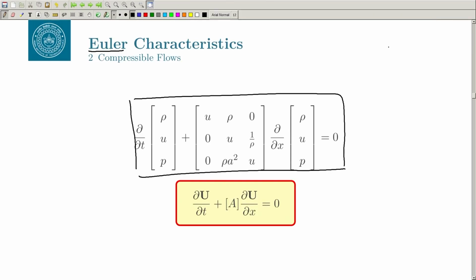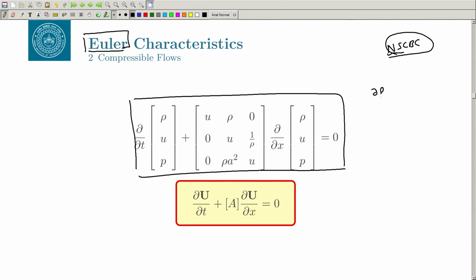There are NSCBC, Navier-Stokes characteristic boundary conditions, but they are much more complicated, and what people have seen is that whether you use Navier-Stokes or Euler at the boundary, if the boundary is taken sufficiently far away, it does not matter much. So we will focus on the Euler characteristic because it is easy to analyze and easy to implement also.